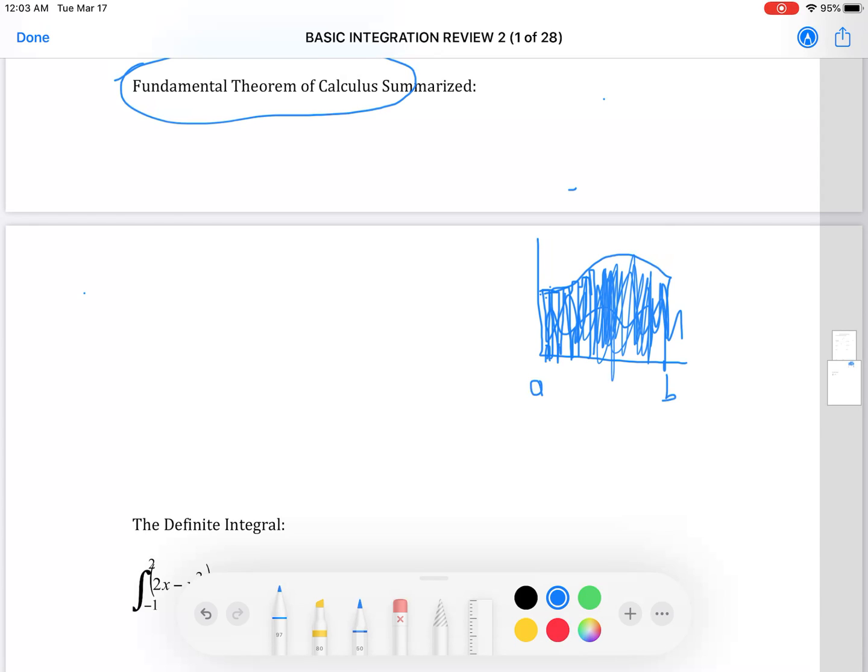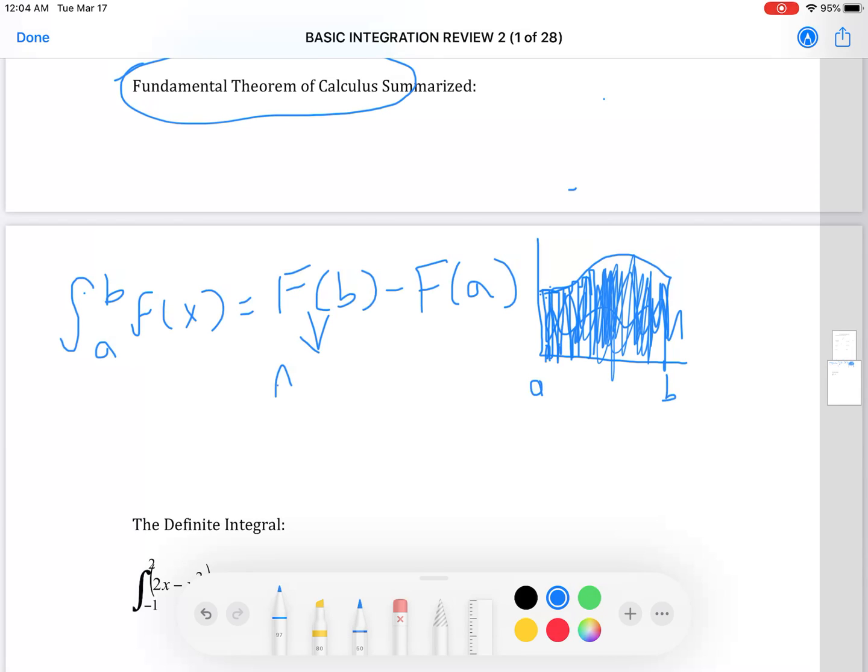So what this is saying is that the integral from A to B of lowercase f of x is equal to capital F of B minus capital F of A. So capital F means antiderivative, with B plugged in.